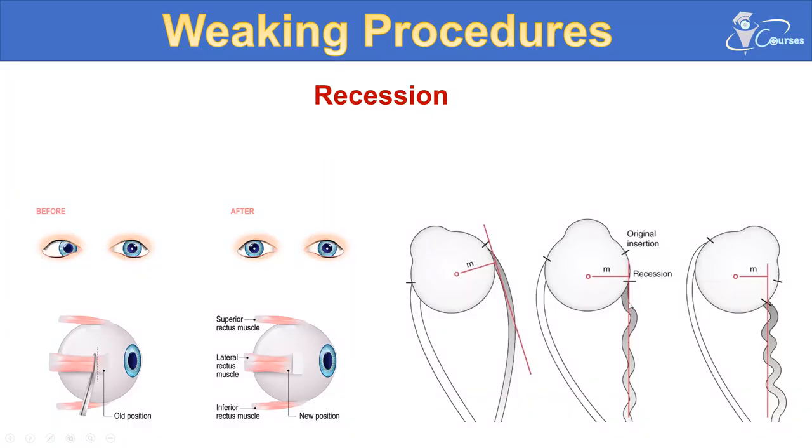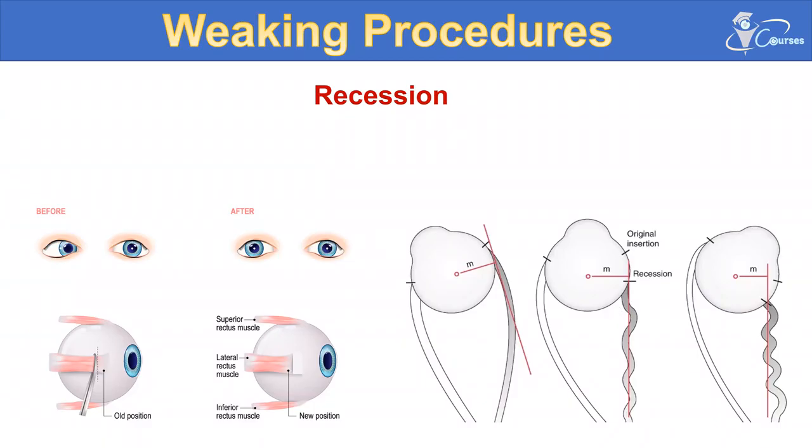When you do recession, the muscle will become a little bit more redundant, more folded like that. So the muscle is not stretched, which will result in weak muscle action. When the patient is trying to do medial convergence or adduction, this will result in weakening of the adduction, leading to alignment of the eye in the primary position. So this surgery is called recession.